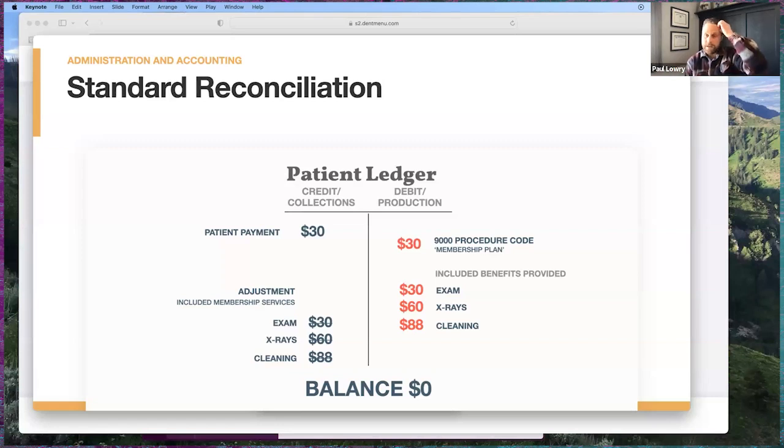And I went back to the office feeling like crap. And it wasn't until I realized we had 200 membership patients and I was adjusting off 400 exam, cleaning, x-rays per year. Well, when I went back, I asked how many of the other offices in the DSO are running membership plans? And they weren't running membership plans. And it took her a few months to figure out that her adjustments really weren't sky high.